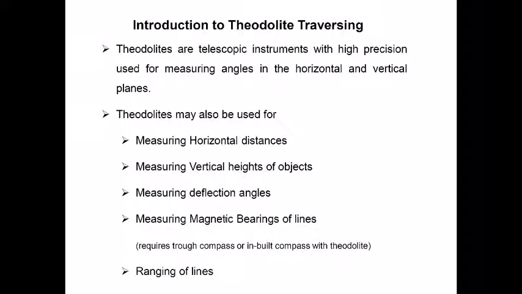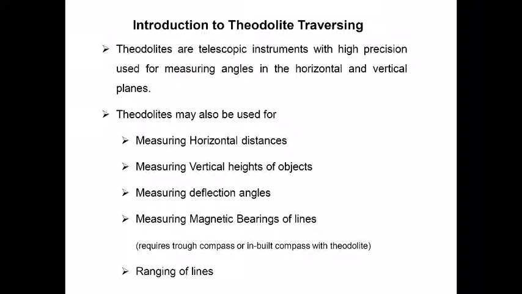Theodolites can be used for setting out horizontal angles, directions, measuring horizontal distances, measuring angles in the vertical plane, measuring heights of objects, and measuring deflection angles like we discussed. With some upgradation of the instrument, we can also measure bearings and azimuths, and this instrument can also be used for ranging of lines.